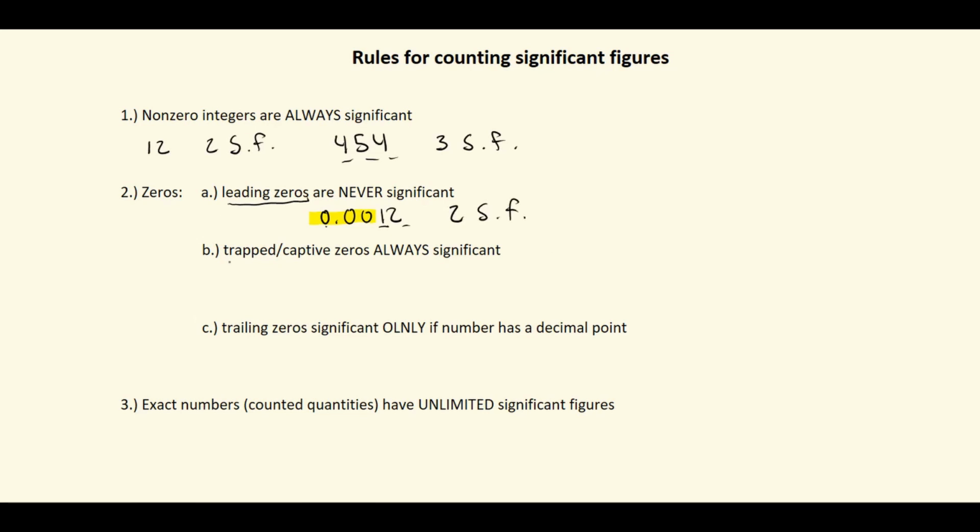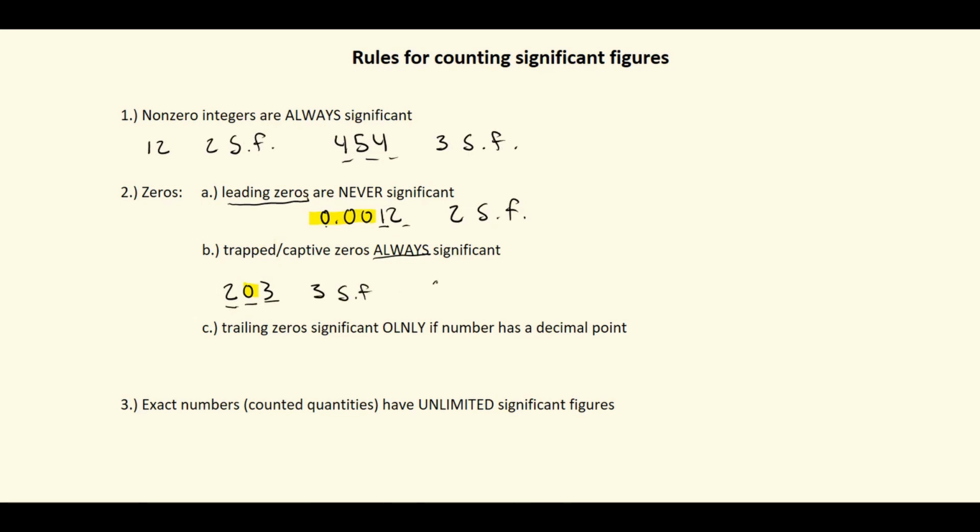And then the next situation says if we have trapped or captive zeros, they are always significant. So if we had a number like 203, here we have a captive or trapped zero, so it is always significant. So we got an integer, a trapped zero, so that gives us 3 significant figures.